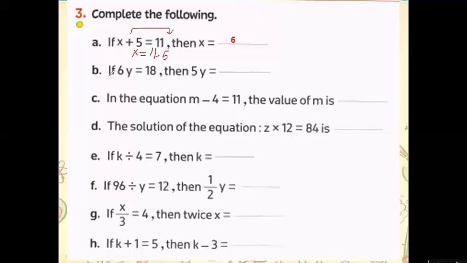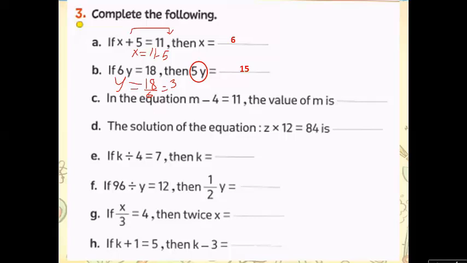So I will put y and move the 6 outside by dividing. 18 divided by 6 equals 3. But look at this, he asked me about 5y, so I take 3 times 5 equals 15.